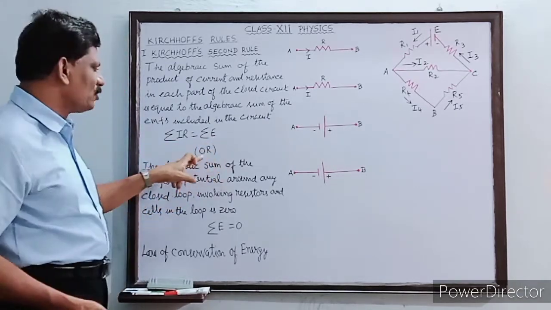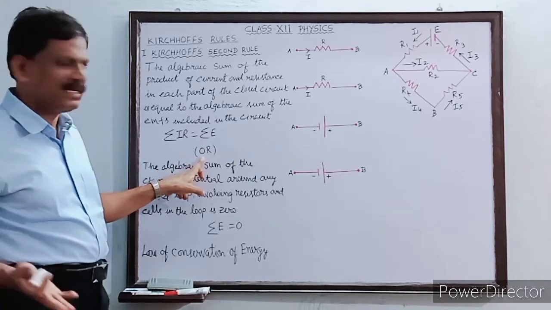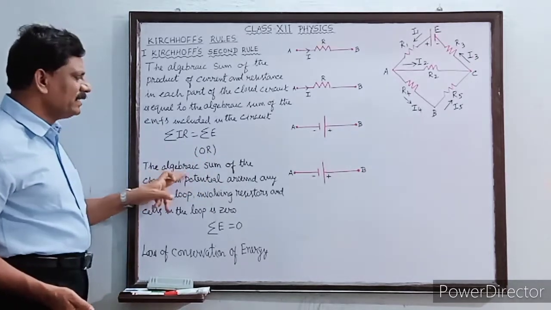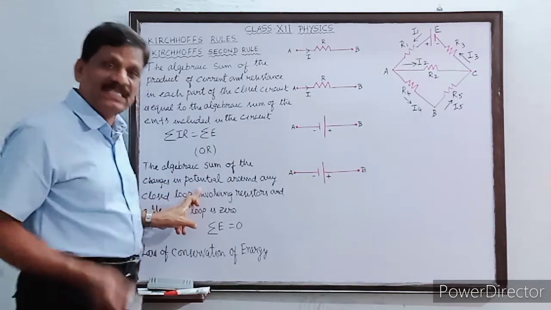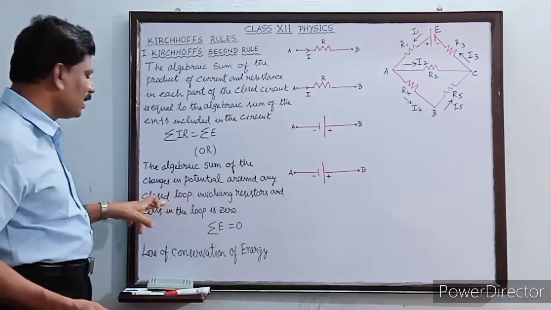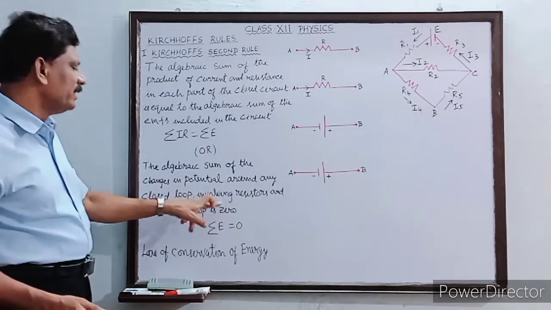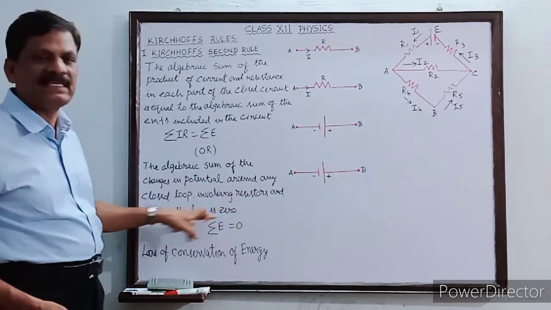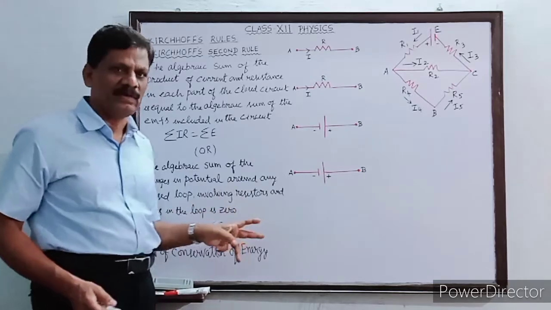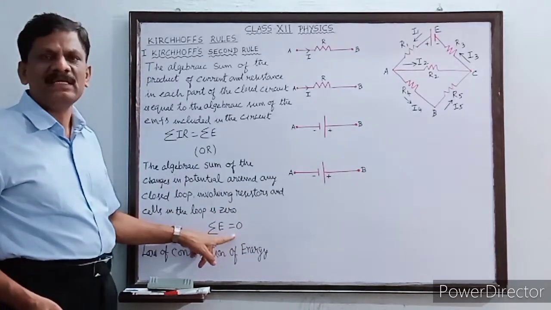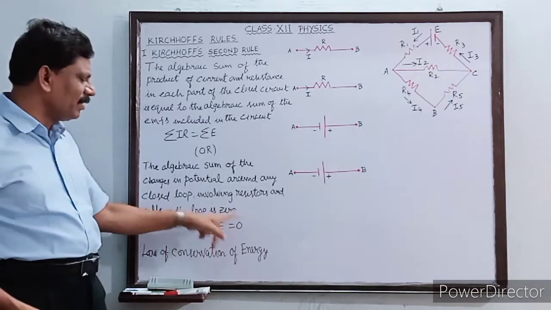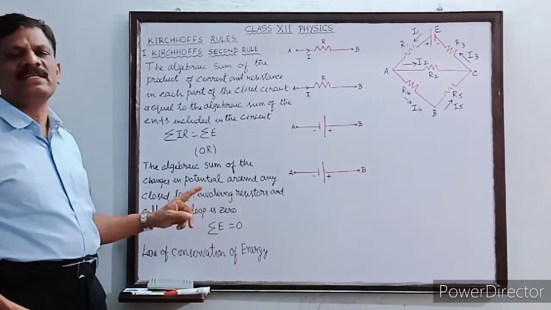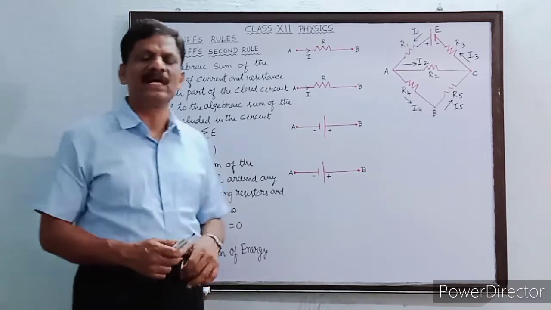Now this can also be told in a different way. The algebraic sum of the changes in potential around any closed loop involving resistors and cells in the loop is equal to 0. So this is sigma E is equal to 0. Both are true.